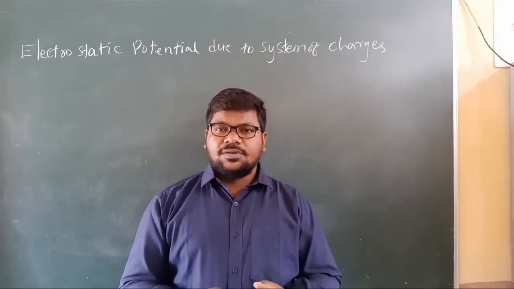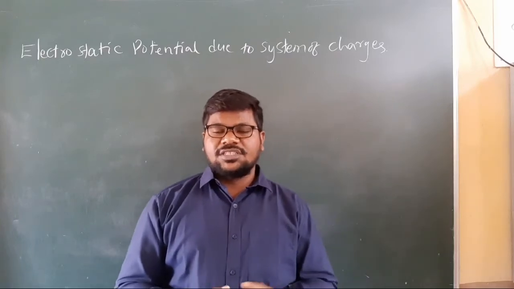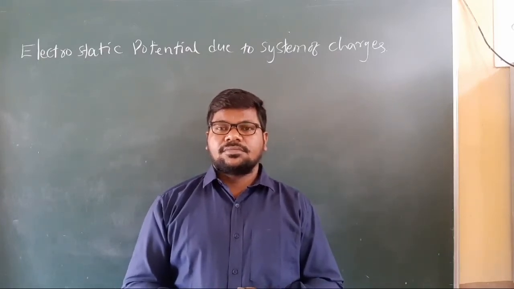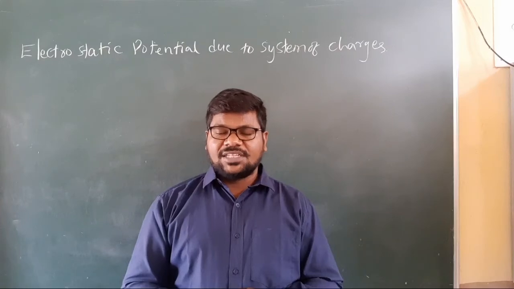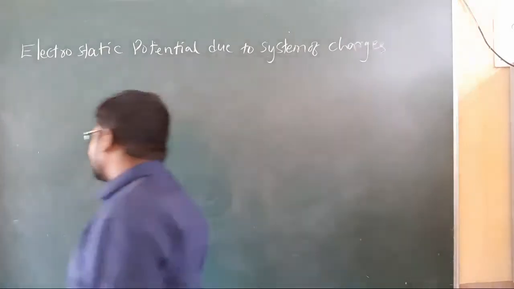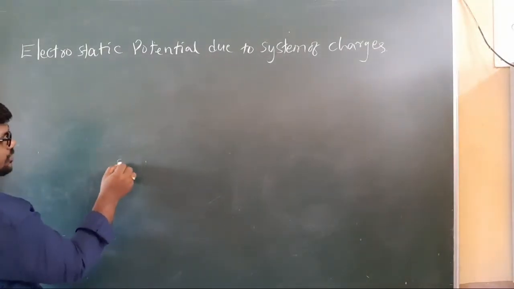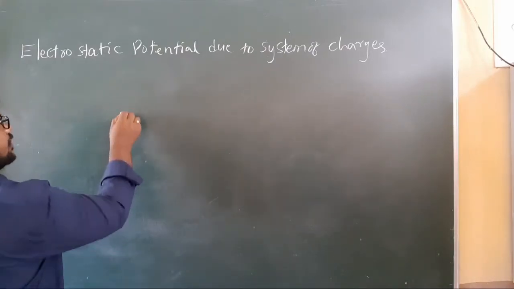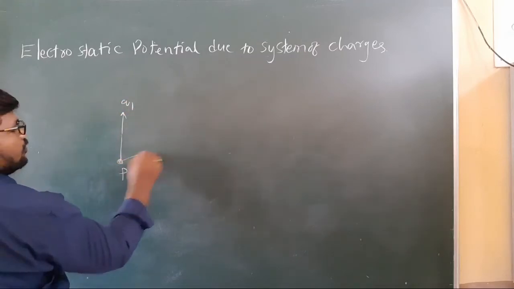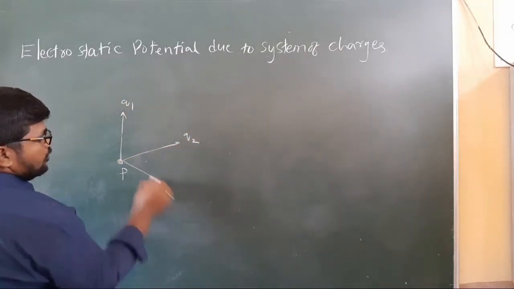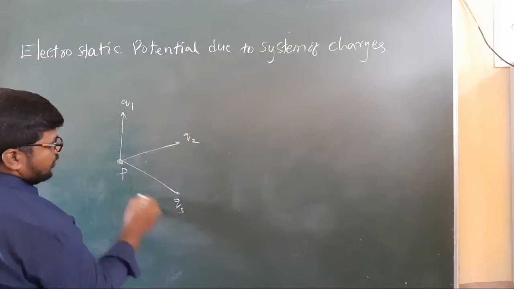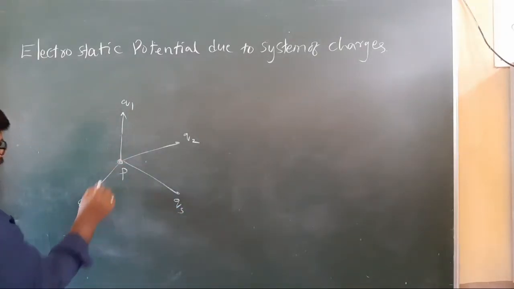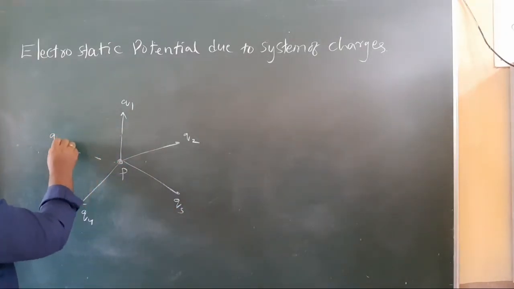See, my children, I will explain. Consider a test charge at P. Consider different charges Q1, Q2, Q3, Q4 and so on up to Qn.